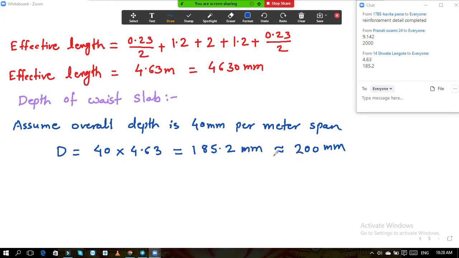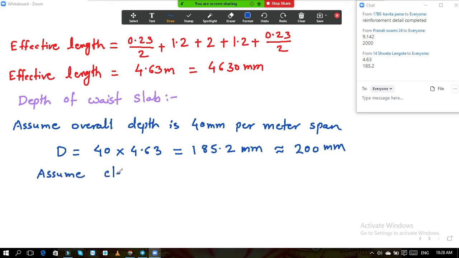Now we will calculate the effective depth. How to calculate the effective depth? Assume clear cover of 15 mm and bar diameter of 10 mm for main reinforcement, and then we will get the value of small d.